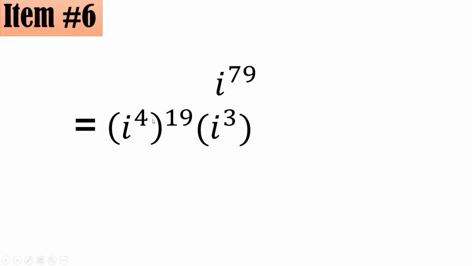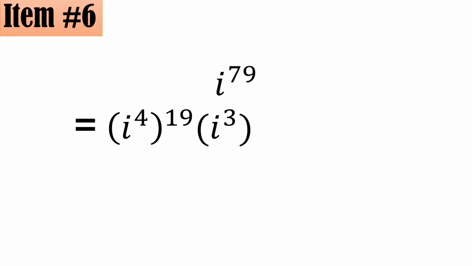And you might be thinking, sir, why is that? Because if you have i, i squared equals negative 1, i cubed equals negative i, and i to the fourth is equal to 1. From here also, for 79, after that it repeats. i raised to 5 becomes equal to i, and so on.